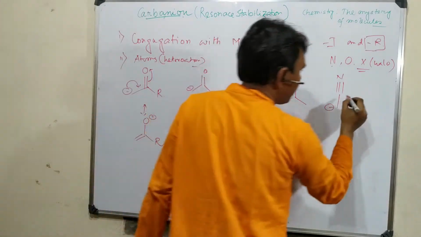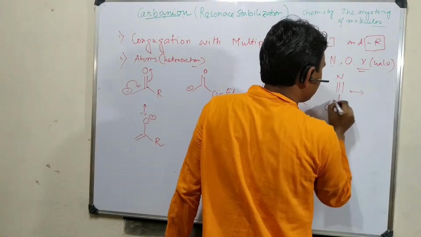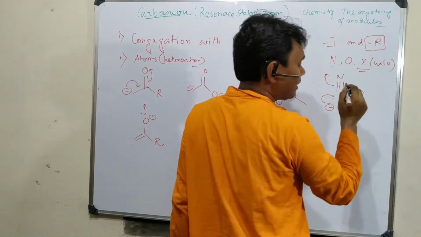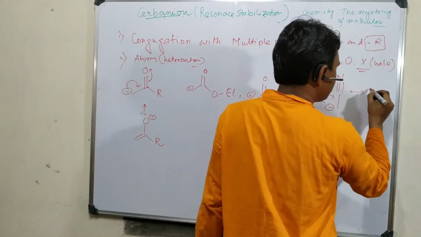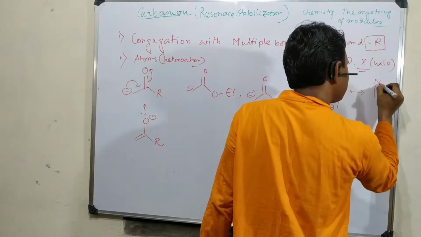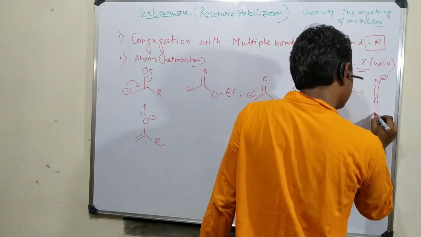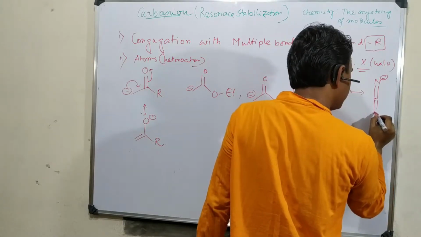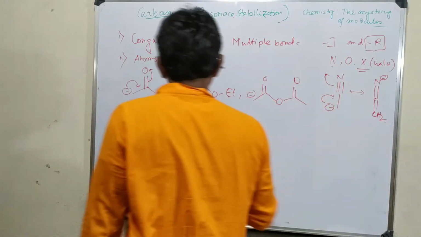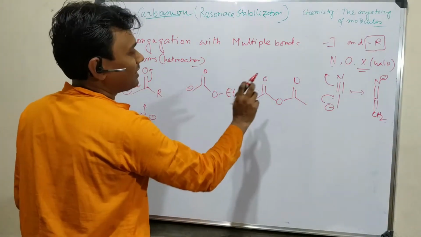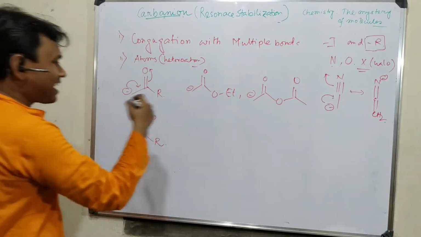In the case of a nitrile, how does it stabilize? Electron density goes and one bond opens up, which is simple. That is a triple bond, a C-C triple bond. Its stabilization is like a CC triple bond, and here it is a C-N triple bond. So in this way, resonance helps to stabilize. This is the role of the heteroatom.